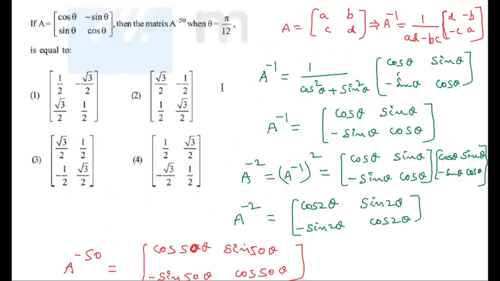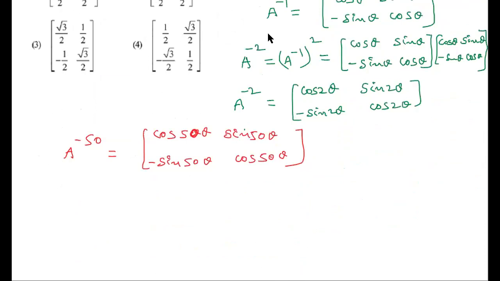But A power minus 50, when theta is equal to pi by 12, they are asking. So A power minus 50 at theta is equal to pi by 12. Just in place of theta, substitute pi by 12.